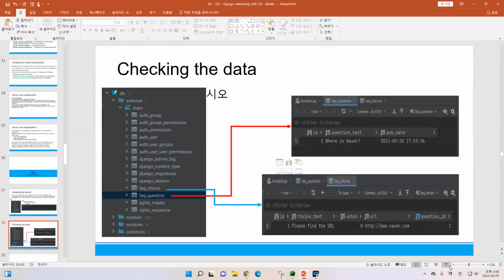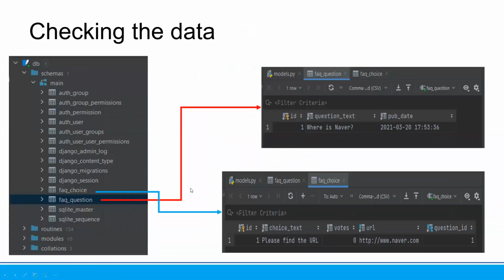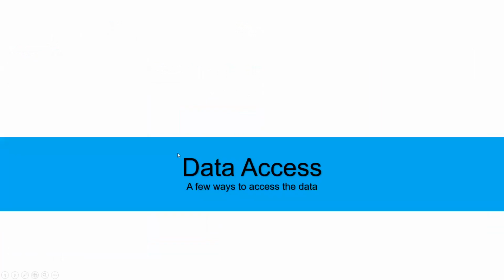Now, as you can see, the FAQ choice and FAQ question tables have the data. After you have the SQL and the data, now we will learn how to access the data.